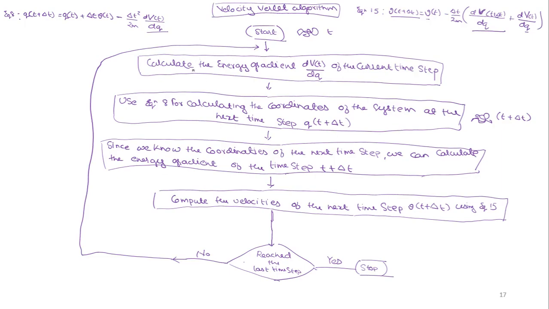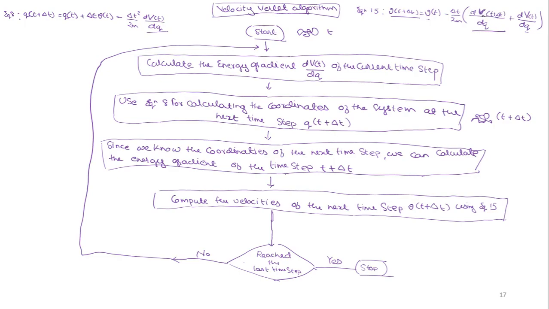For the next time step, you would calculate the energy gradient, right? And then using equation 8, calculate the coordinate of the new time step. Since you have the coordinate of the new time step, you can then calculate the free energy associated with it.